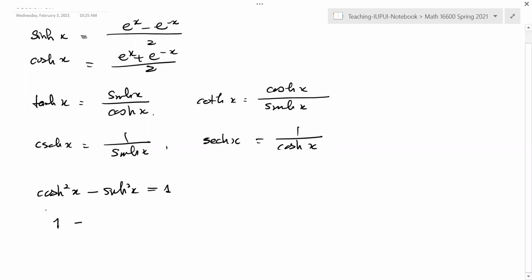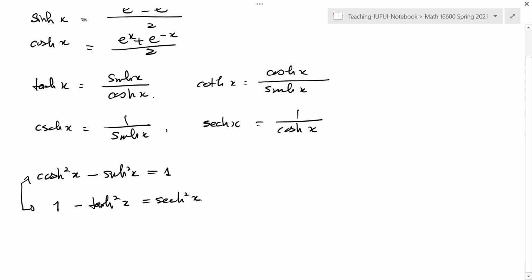This will be 1, this will be hyperbolic tangent squared x, and this is going to be 1 over hyperbolic cosine squared x, which should be equal to hyperbolic secant squared x. Those two identities are essentially the same identity, but in a different form. So this is what we needed to know.